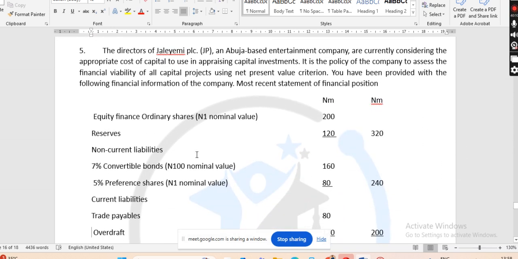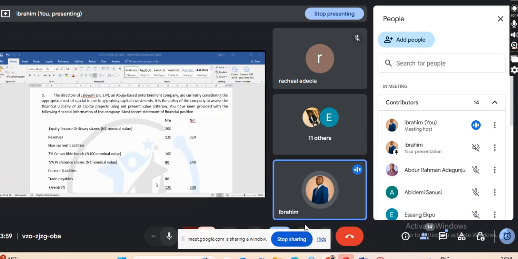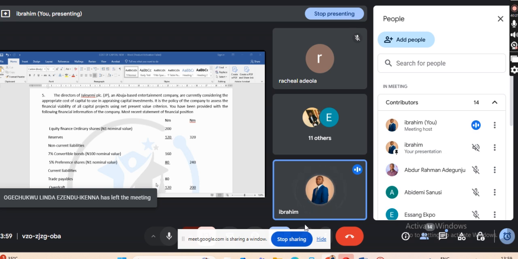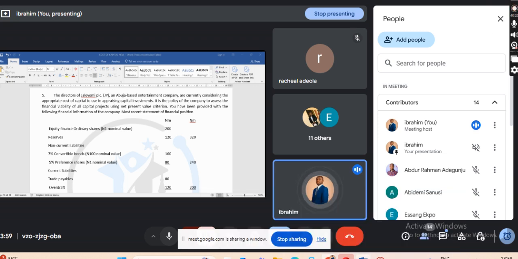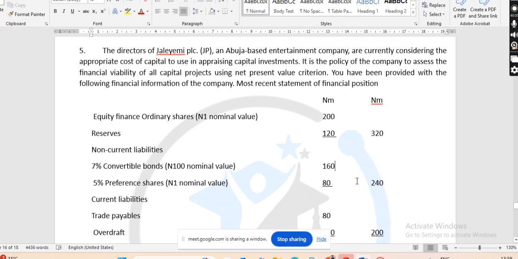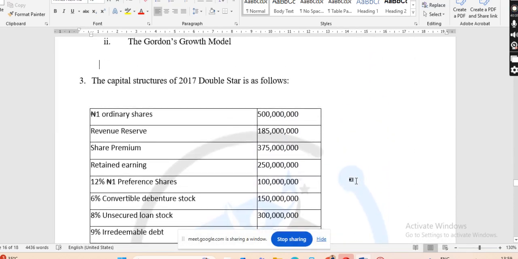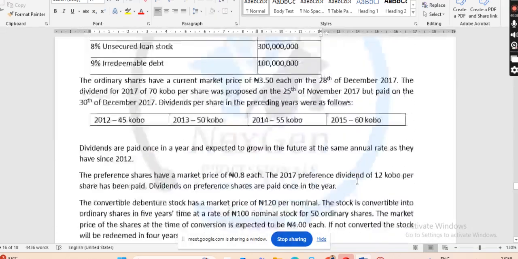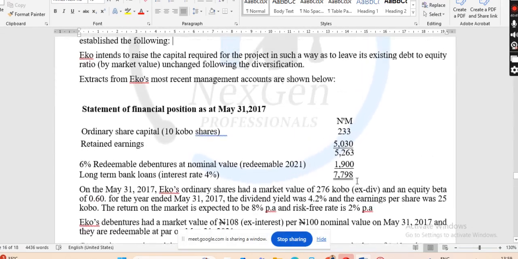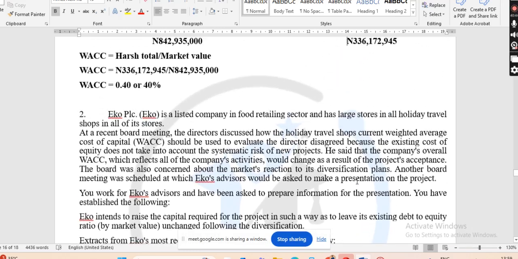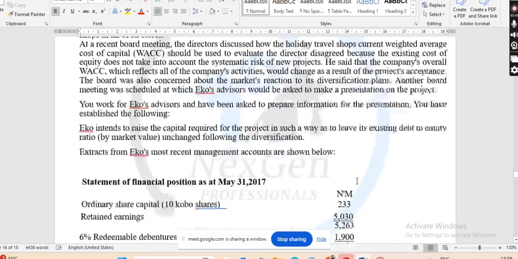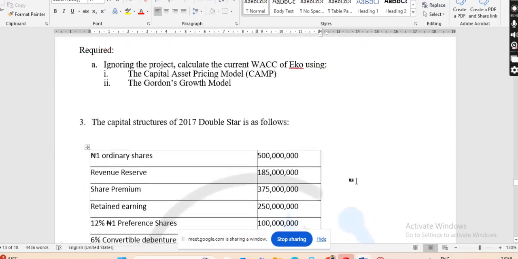Now, you see question five, another problem. Let me tell you the performance. The examiner's report shows that students failed it woefully, and it's a 15 marks question. So in our next class, we will solve either question three or question two. But whichever one, please ensure you attempt it.